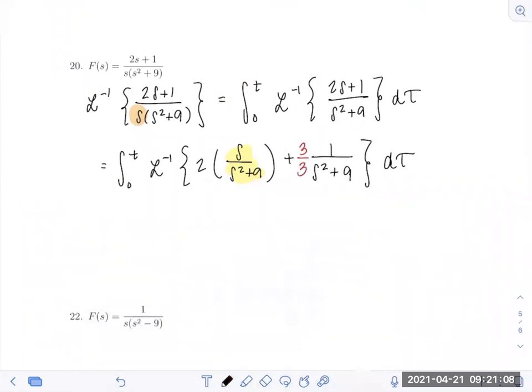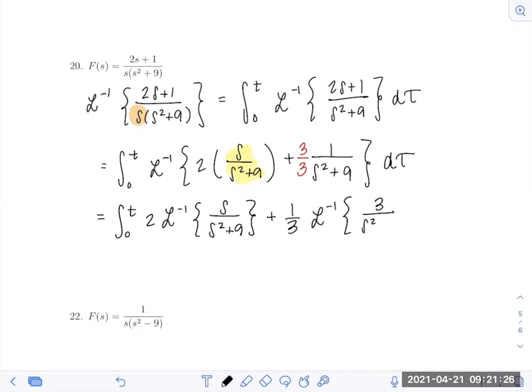And now let me write this out once more using the linearity property. This is 2 times the inverse transform of s over s squared plus 9 plus 1/3 times the inverse transform of 3 over s squared plus 9. And all of this, of course, is with respect to tau.